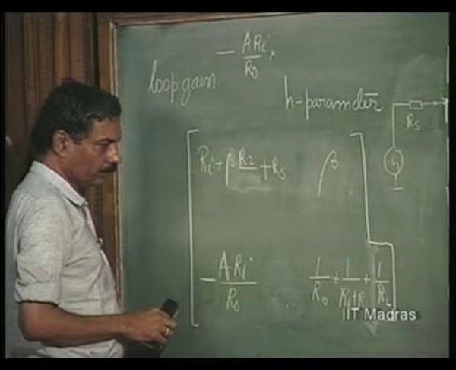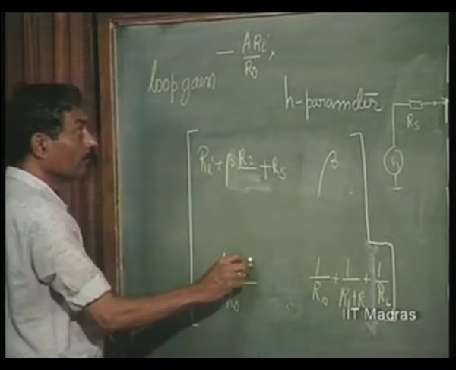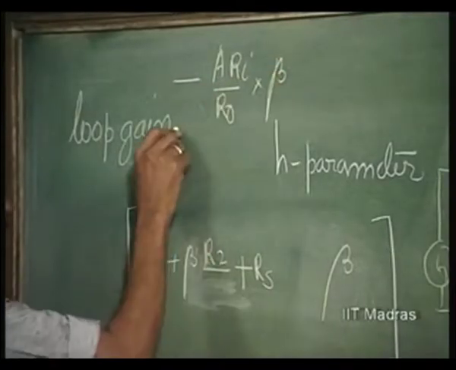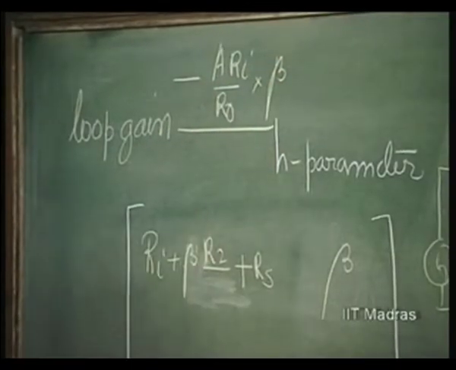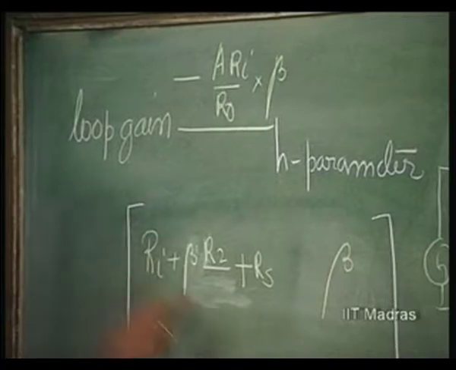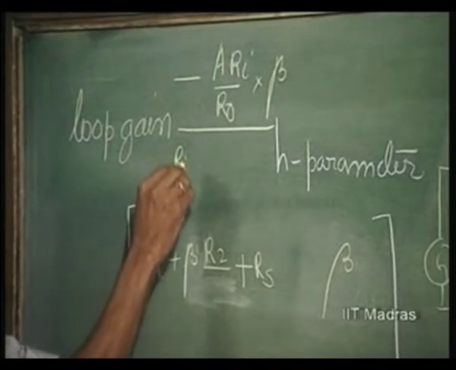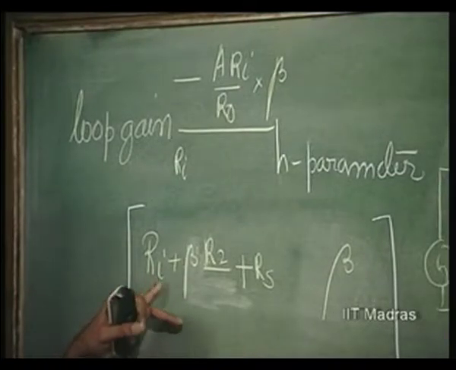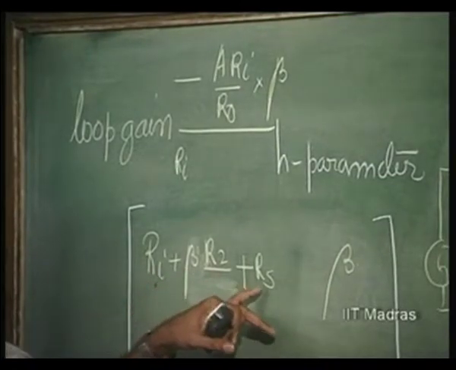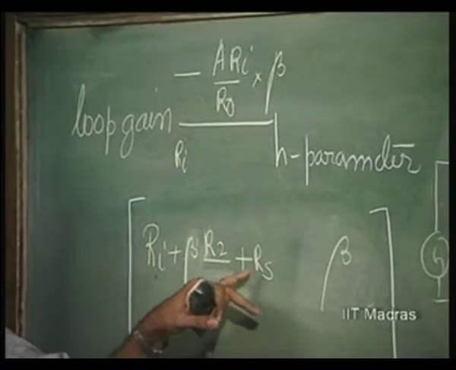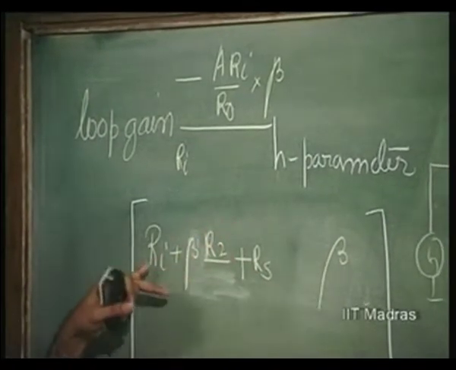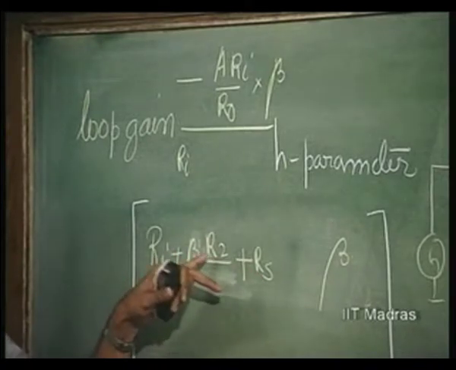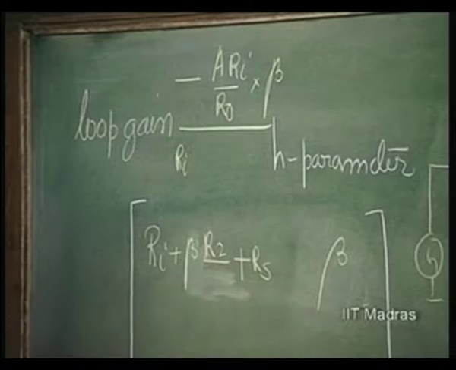A Ri by R naught into beta divided by, now you can consider this into this Ri. Now, Ri is normally very huge compared to beta R2 plus Rs. Rs is anyway going to be source resistance. Normally, Ri is going to be very high compared to beta R2 and Rs.